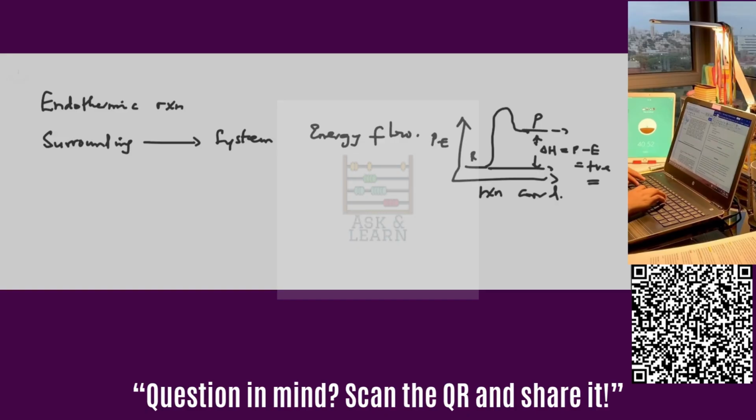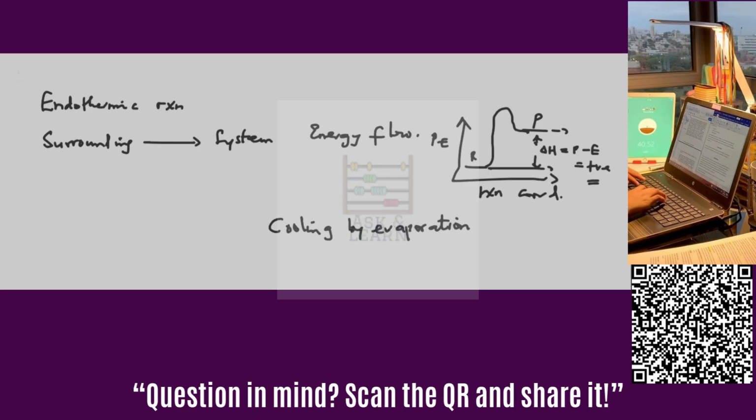And when that is happening, when the system is absorbing energy, for example, if you put your hand on a system that is absorbing thermal energy, the way you feel it is coldness, because it absorbs heat from your body, and then you feel it as coolness or coldness.